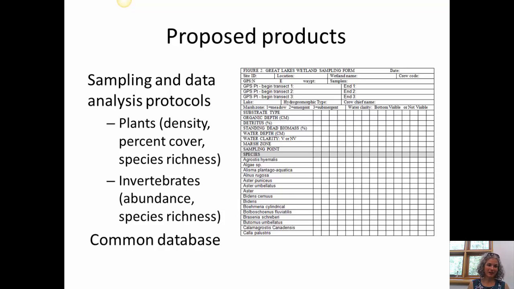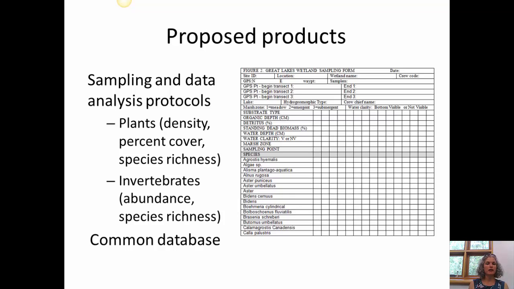That's something that you need a lot of training to be able to do, but something like species richness, just counting the number of different plants that are there in a plot, can be really valuable information. So those are the kinds of things that we're trying to produce. User-friendly protocols that you can take your students out in the field and use for sampling your local wetlands.